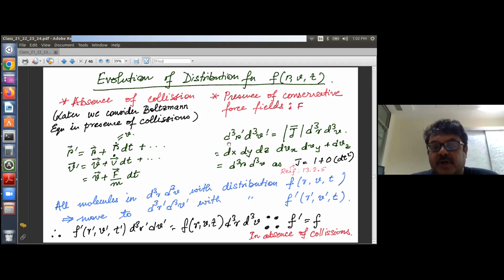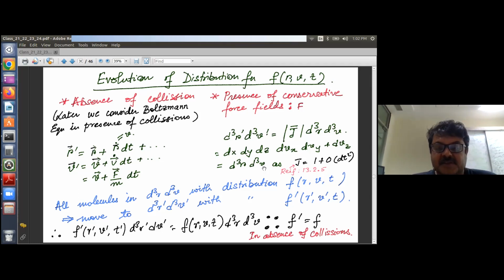Do that for r dash and v dash, and when you multiply, what you'll see is that the Jacobian is 1 plus terms of order t square. If you want to see the proof, this is where you can find it. The point is, this volume element d3r dash d3v dash, which is equal to d3r d3v, is not changing as a function of time.